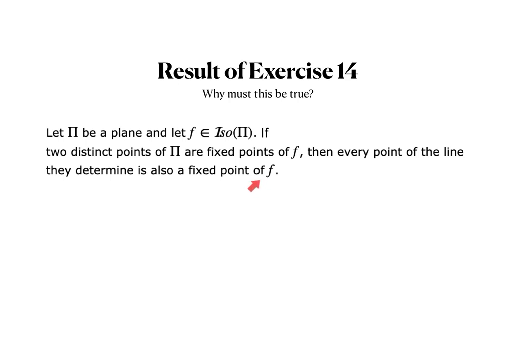So if I have two distinct points that are fixed, remember the only points that are fixed under line reflections are points on the line of reflection. So if I have two distinct points of pi that are fixed points, then every point of the line that they determine is also a fixed point of the isometry F.